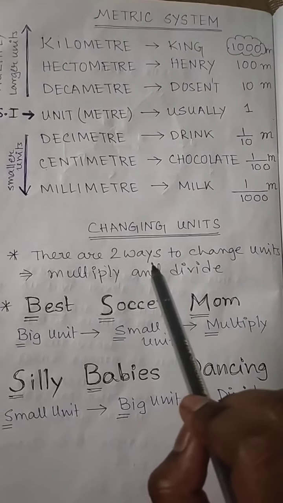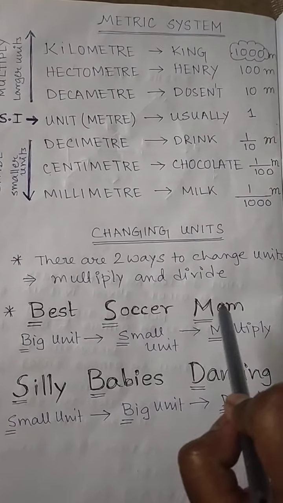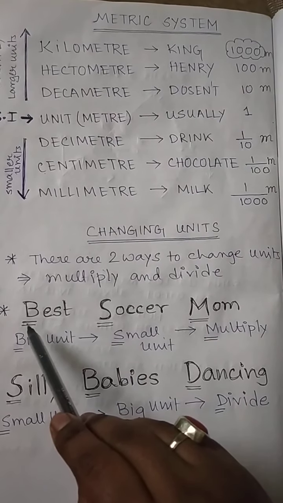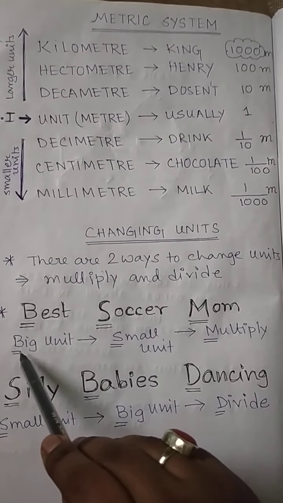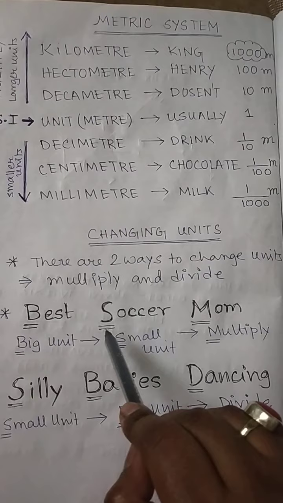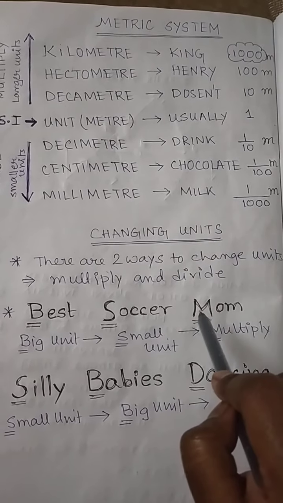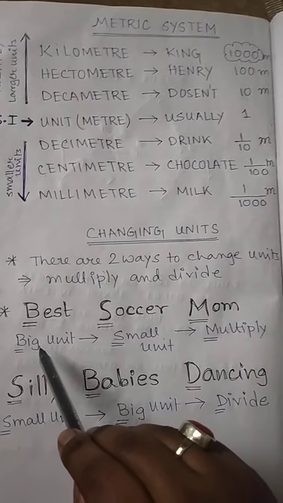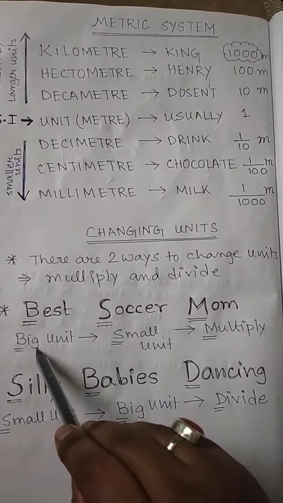Best means big unit, soccer means small unit, mom means multiply. That means from a bigger unit to a smaller unit you need to multiply.